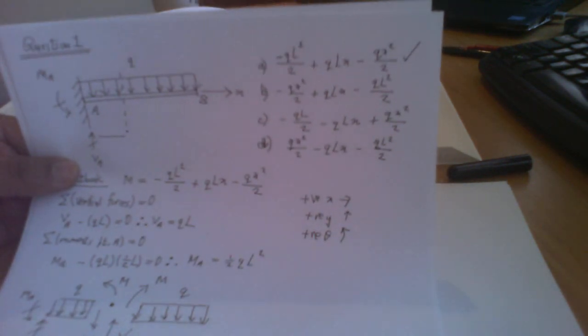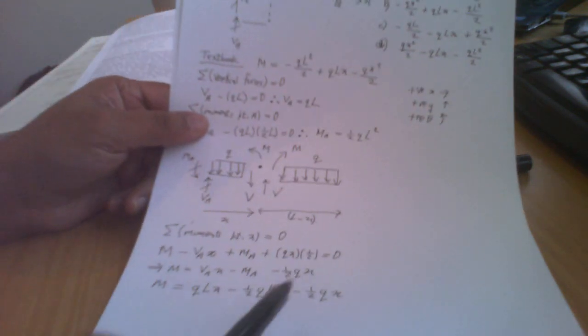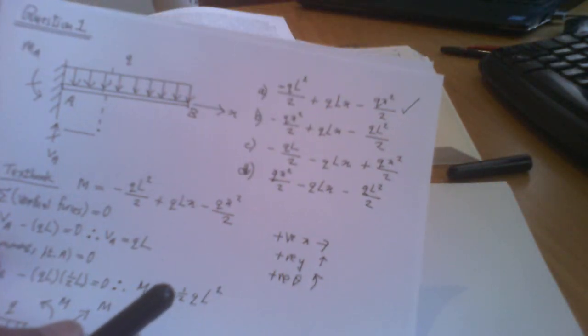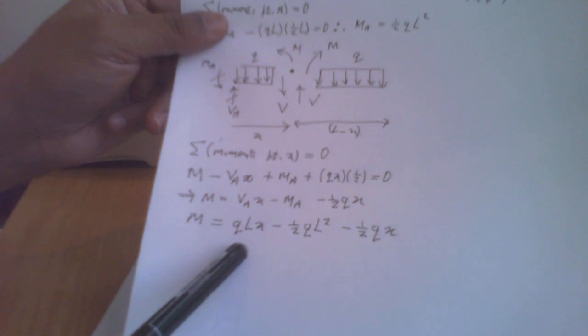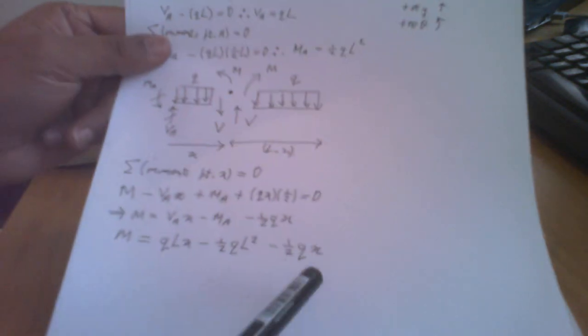Looking at the options, minus QL squared over 2, QLx, minus Qx squared over 2.